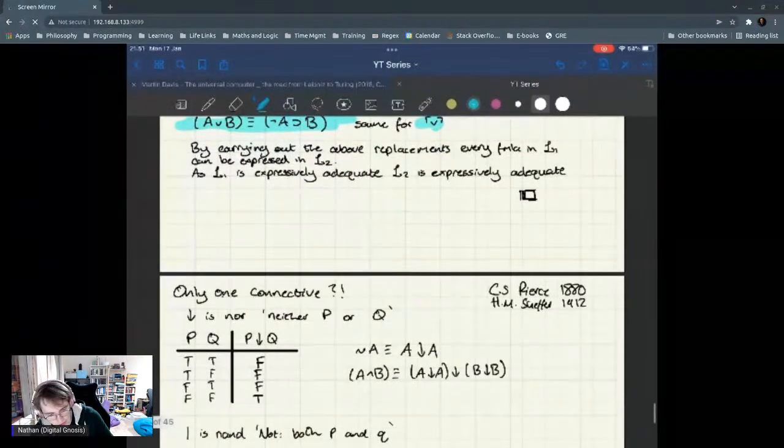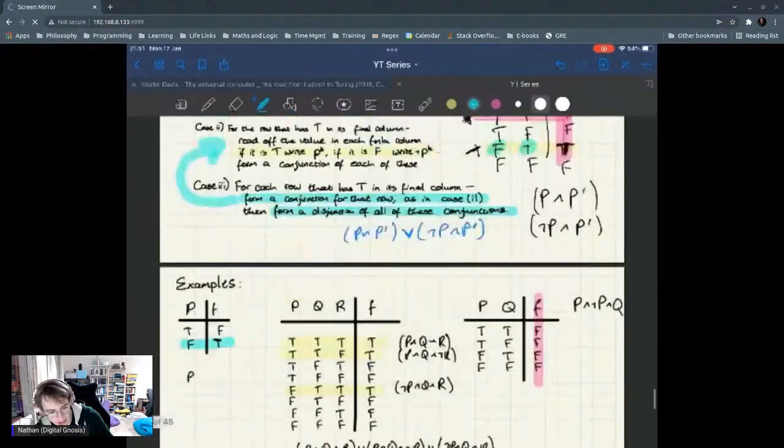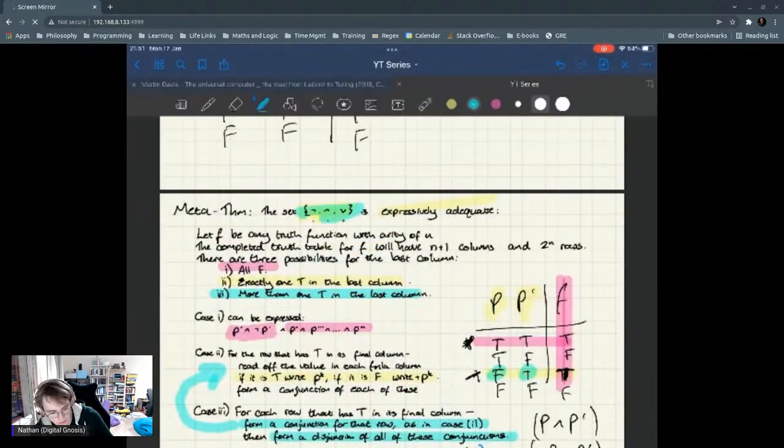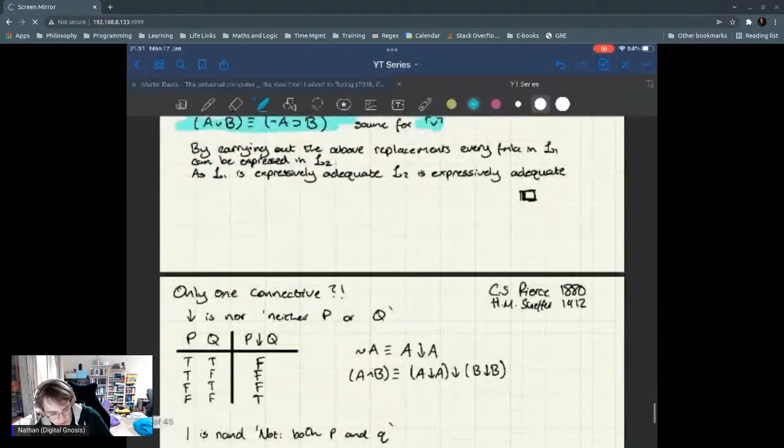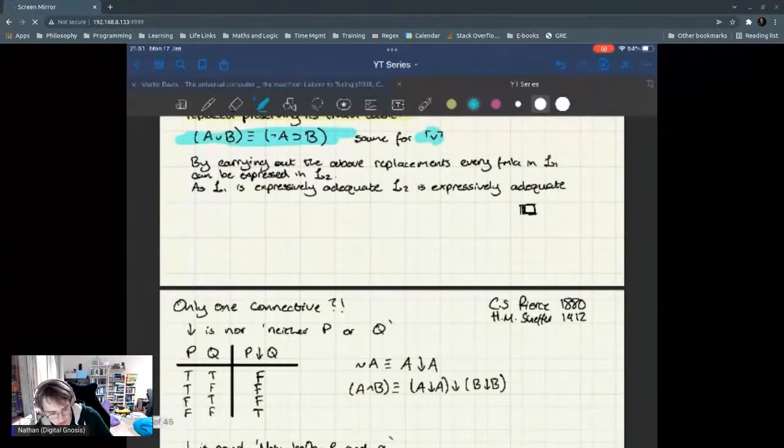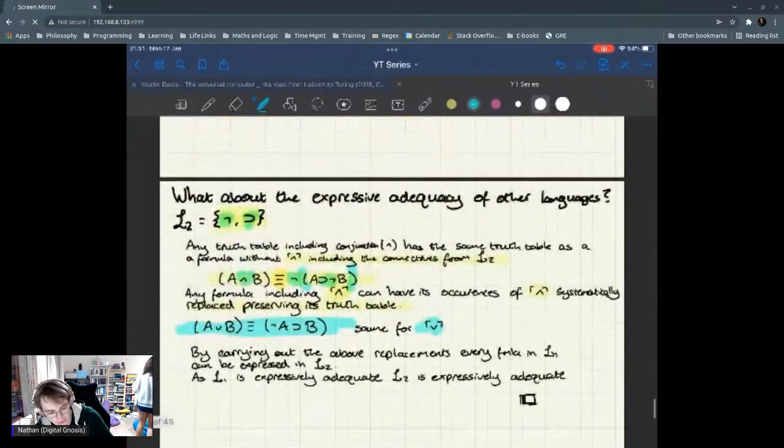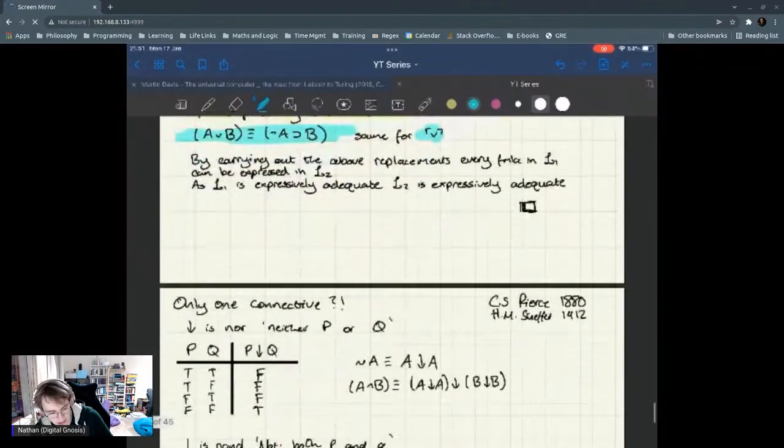And so by carrying out the above replacements for every formula that might occur in our first language, which is this one, we show that any formula in L1 can be expressed in L2. Every formula in L1 can be expressed in L2. So if L1 is expressively adequate, meaning it can express any truth function, then L2 is also expressively adequate and can also express any truth function.